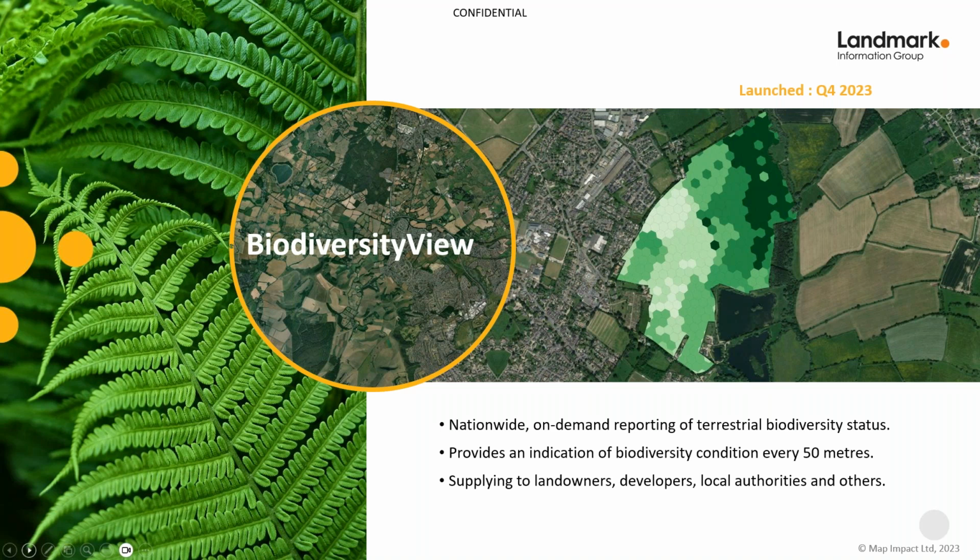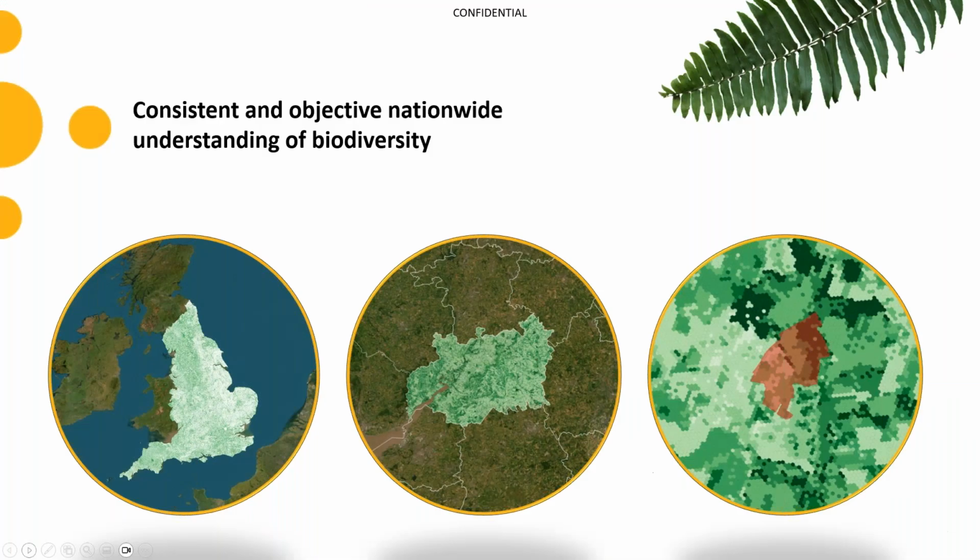If we move to the next slide, this begins to show what you can start to do with the data due to the scale of it and the level of detail. What you have on the left there is the nationwide data set. We have this data available and ready to use anywhere in England. We'll have Scotland and Wales available by March.